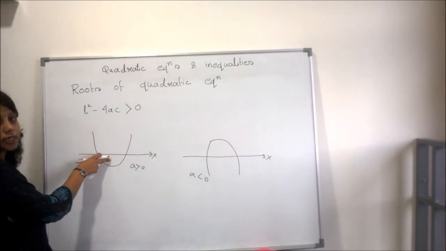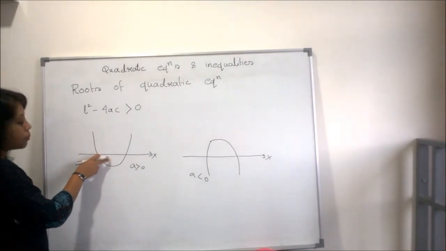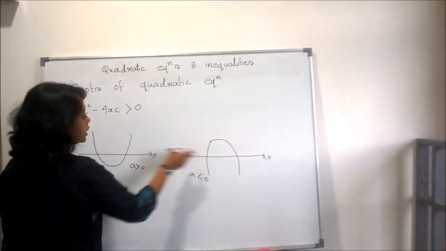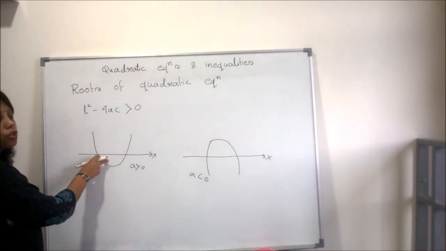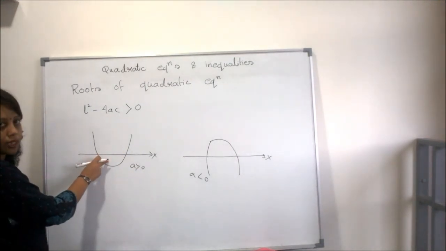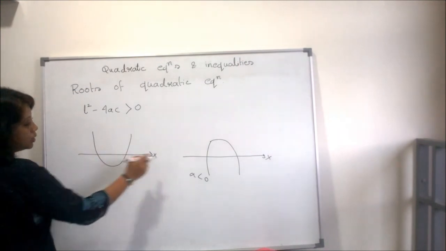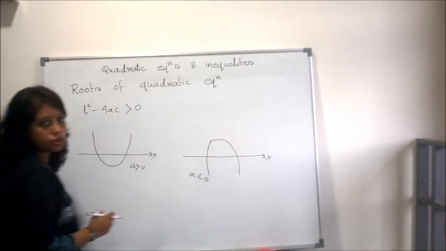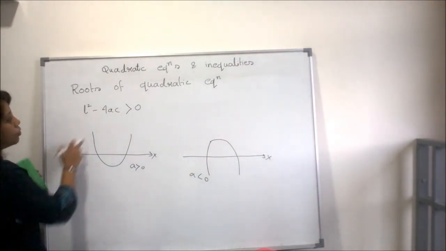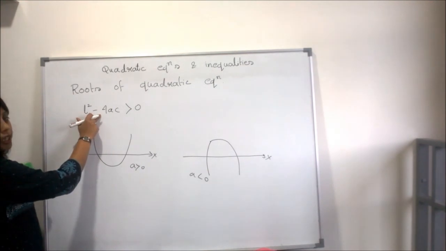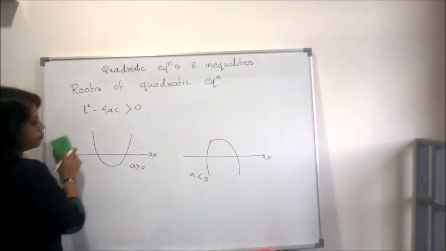Here it touches the x-axis at 2 points. Here also, that means it has 2 real roots, but they are distinct. They have distinct real roots. Okay. So that is the case of discriminant greater than 0.